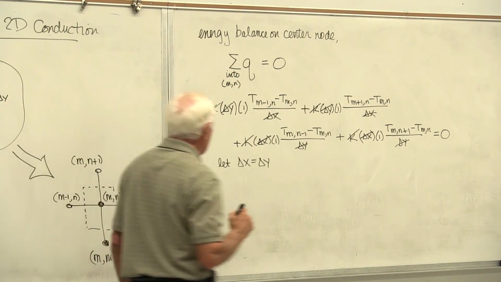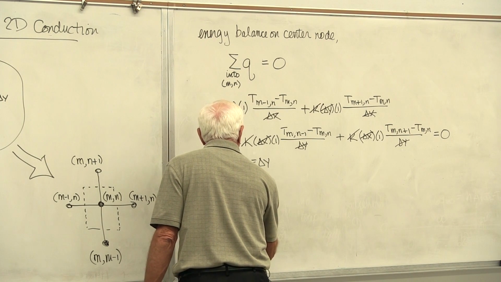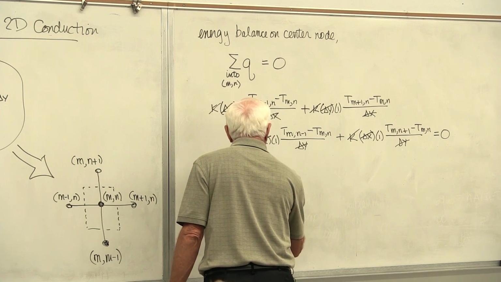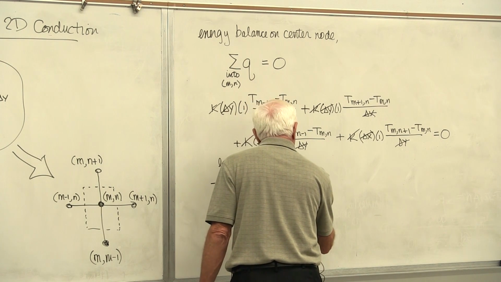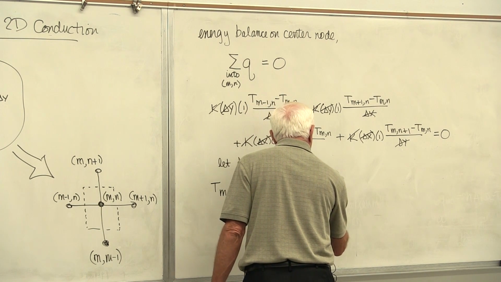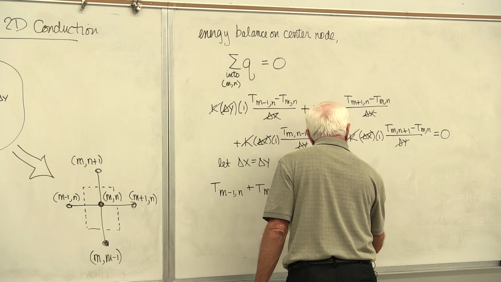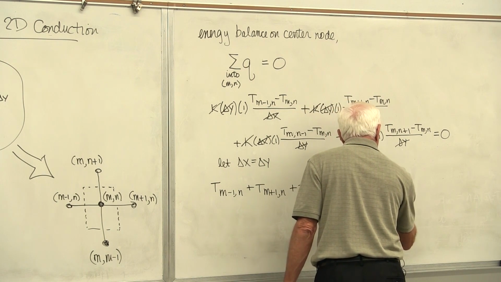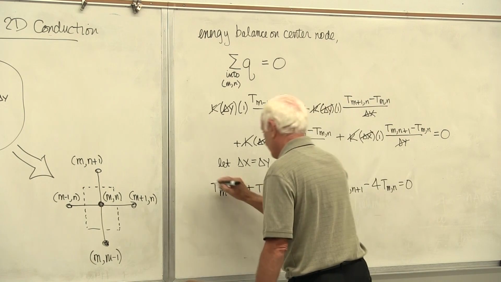Okay, now I'm going to write the final result. T m minus 1 n plus T m plus 1 n plus T m n minus 1 plus T m n plus 1 minus 4 times T m n must be 0.